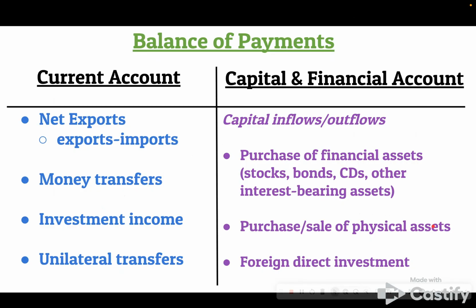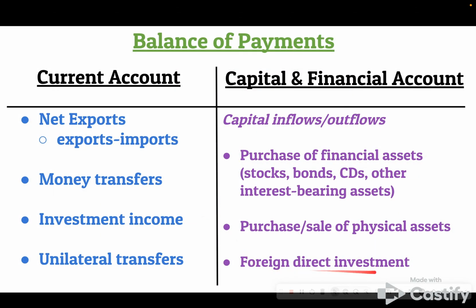So sometimes that physical asset that I've purchased is going to provide a continuous source of income. So the initial purchase is going to be over here on the CFA, but the profit I earn off of it is going to come in over here on the current account.